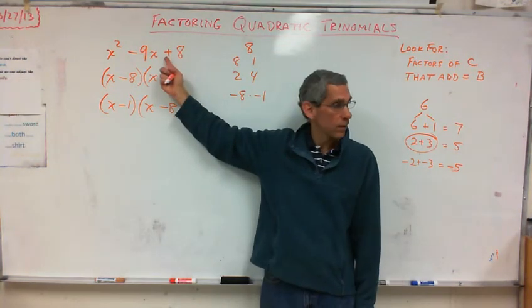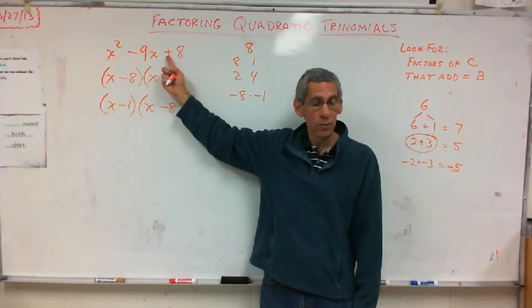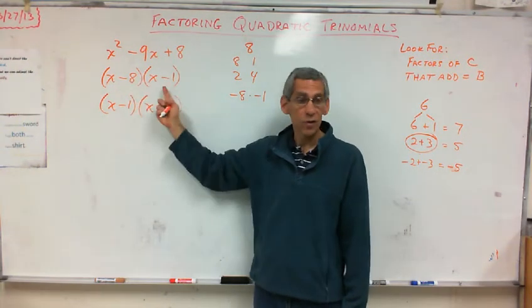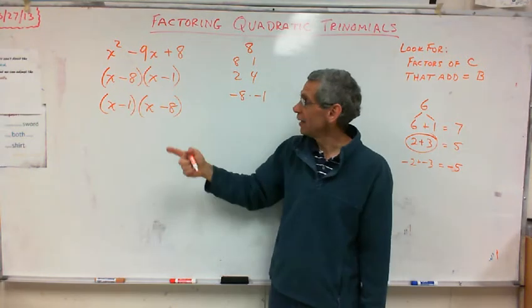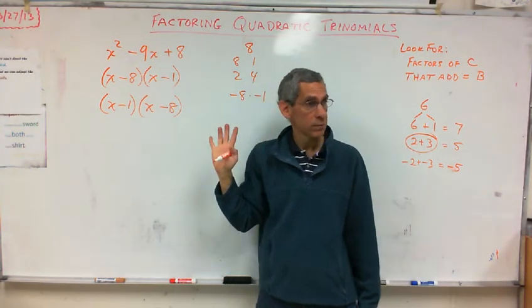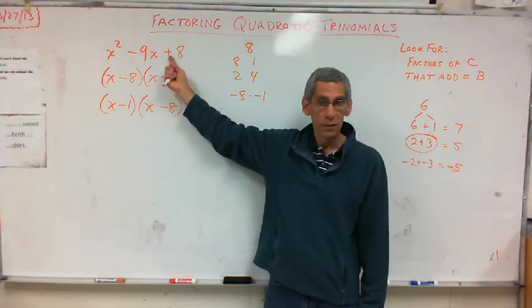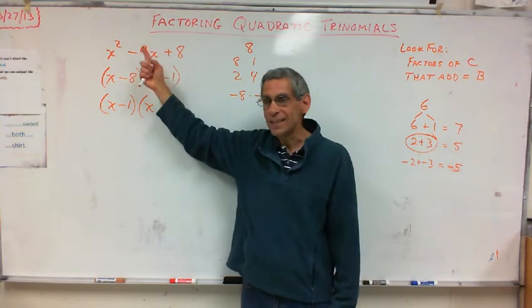When I see a plus sign here, do you hear me? When I see a plus sign here, it tells me that my numbers are going to be the same sign. So immediately I know it's going to be x minus, x minus or x plus, x plus. When you see the negative 9, you know it's going to be negative. Exactly, Clayton.